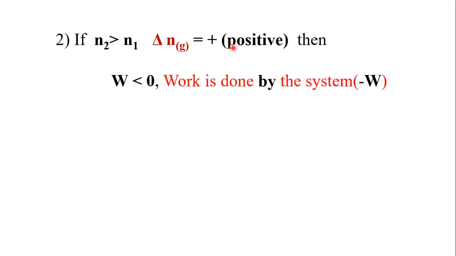And in such cases, work done is less than 0. That means work is done by the system. And in such cases, the sign of W is minus, and expansion type of work is done.